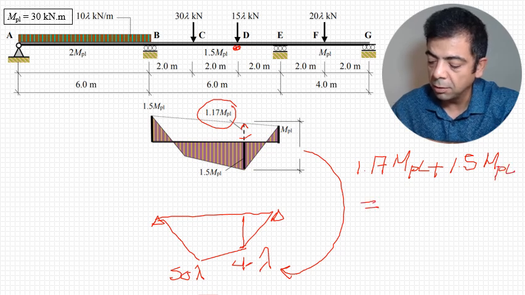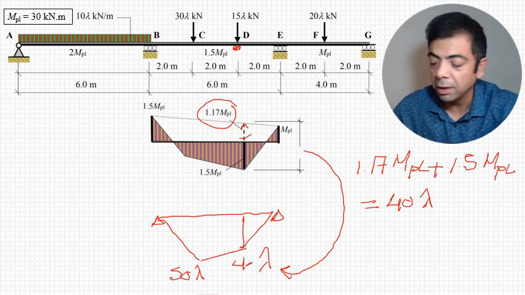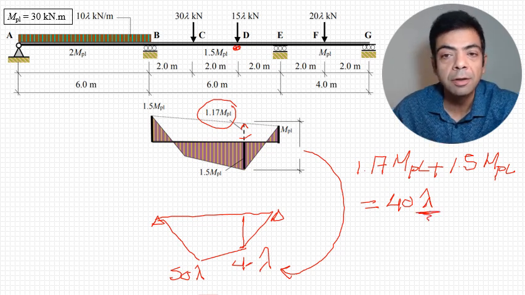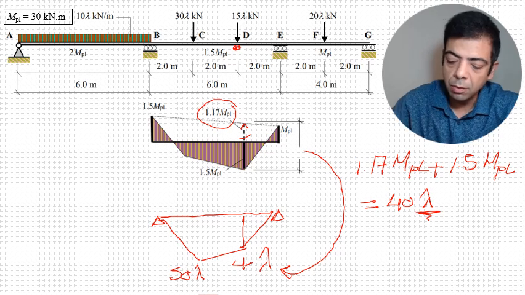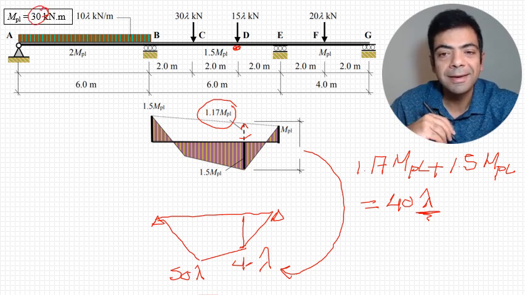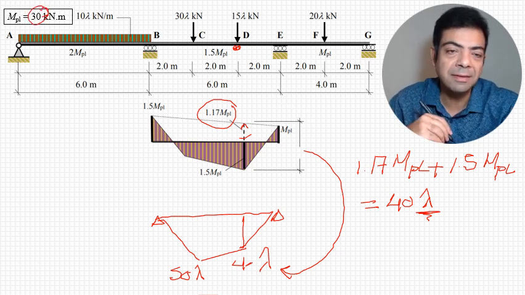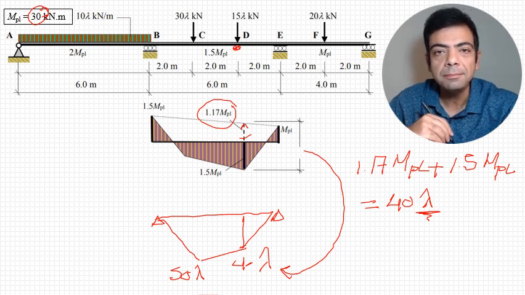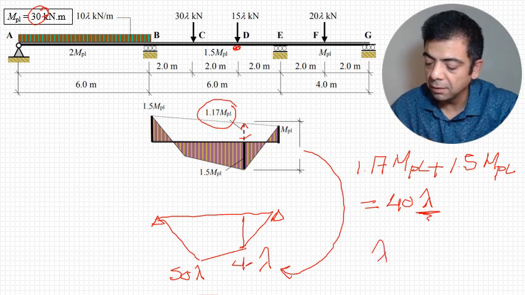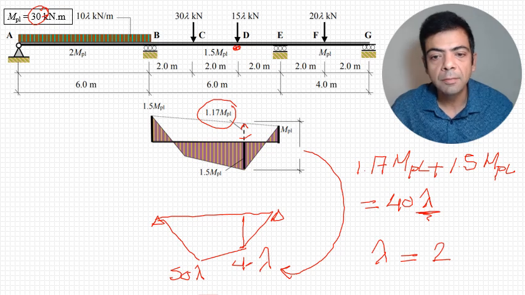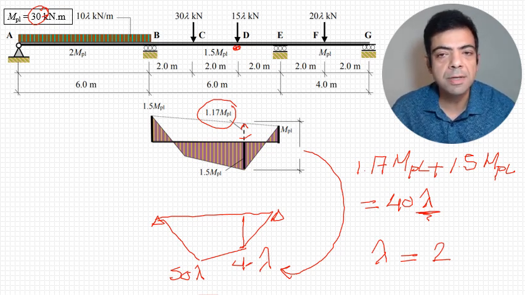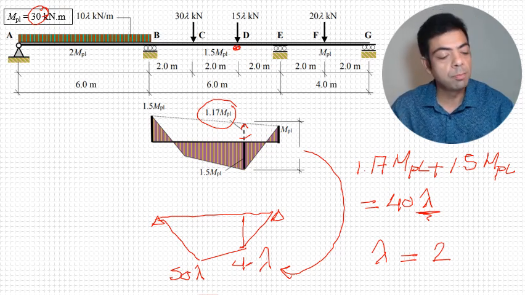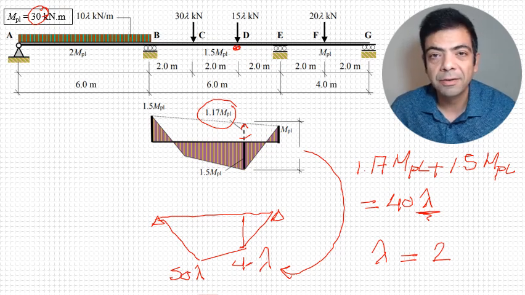This has to equal 40 lambda, which is the load factor. Because we know M plastic is 30, it was given, the only unknown is lambda, and in this case, lambda is going to equal 2. So 2 is not the minimum. Lambda 1.7 is still the governing case.